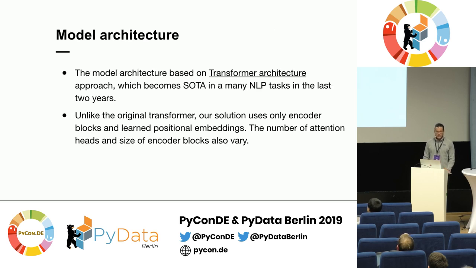For model architecture, we use a transformer because it's been state of the art for the last 2 years, especially for NLP problems. But we use only encoder blocks with positional embeddings in it. The number of attention heads and size of blocks also vary.